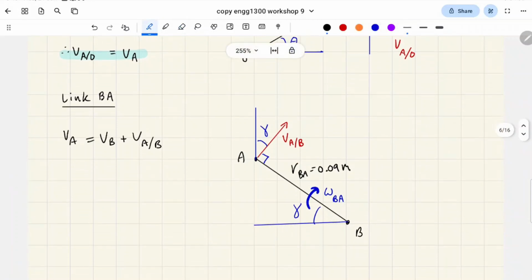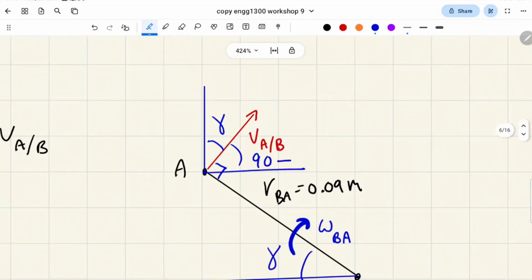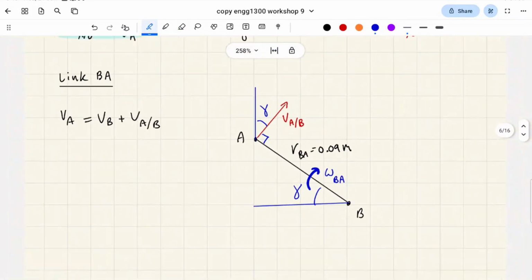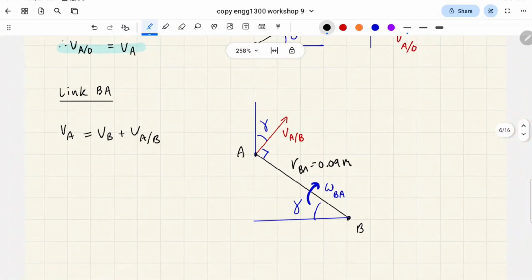And that's the way you want to be thinking of the velocity vector relative to our lever arm, right? This angle here is going to be 90 minus gamma, right? Okay, that was a bad explanation. Okay, you'll see where this goes, right?